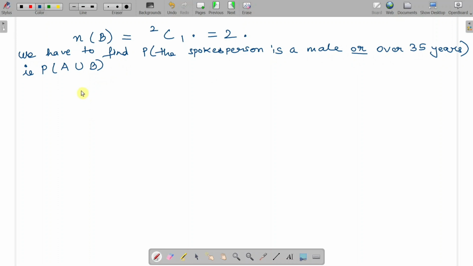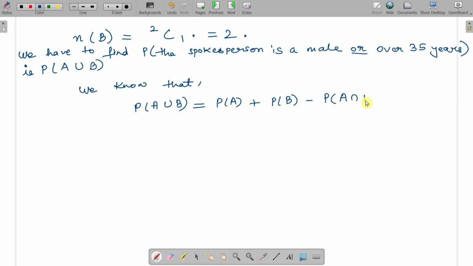Okay, so now we know that P A union B is equal to P A plus P B minus P A intersection B, right.